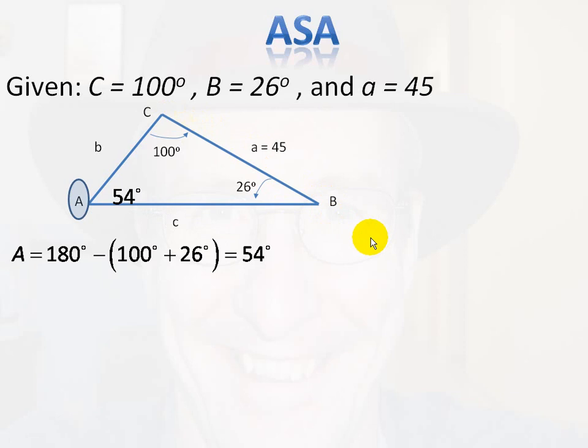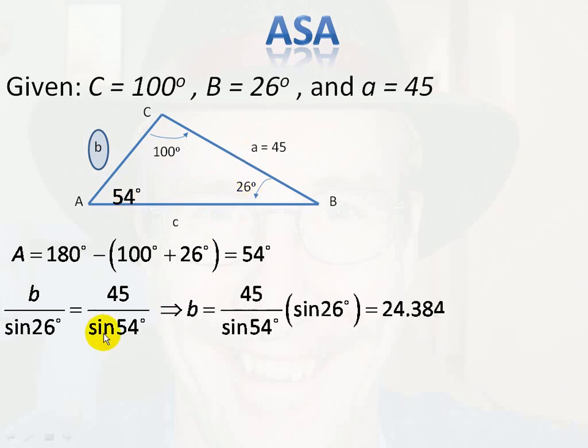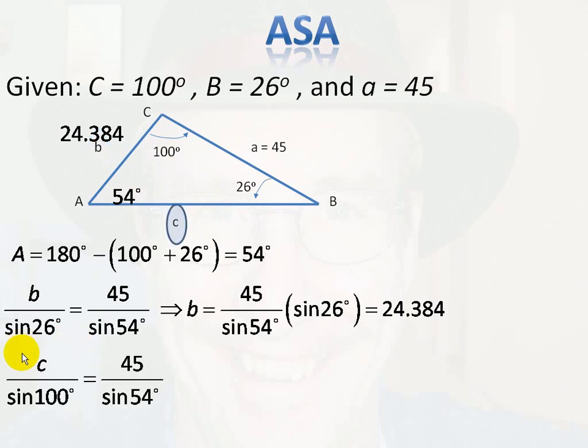Now the only two things left to find are B and C. So we set up B over sine 26. Notice B over the sine of the opposite angle equals 45 over the sine of its opposite angle, and we find 24.384. Now, the same procedure for side C.